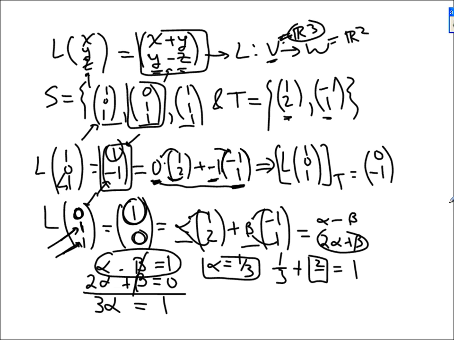We have a rule that says anytime you feel like it, you can change addition to subtraction, so long as you change the sign of the second number. Beta is negative 2/3. Because now when you do alpha minus beta, 1/3 minus negative 2/3, you get 1.